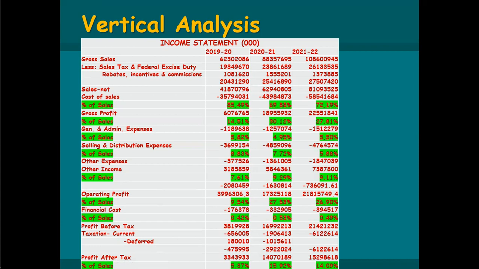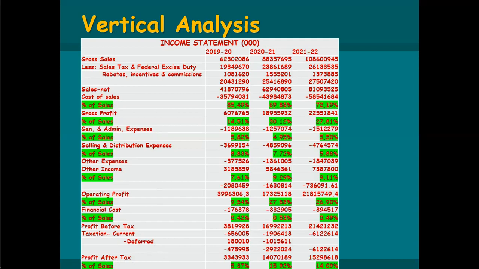General expenses, gross profit, definitely it increased because of the decrease in the cost. Here you can find a decreasing trend of almost 0.85%, and thereafter you can observe an increasing trend of about 0.55%. But you should know the reason why.